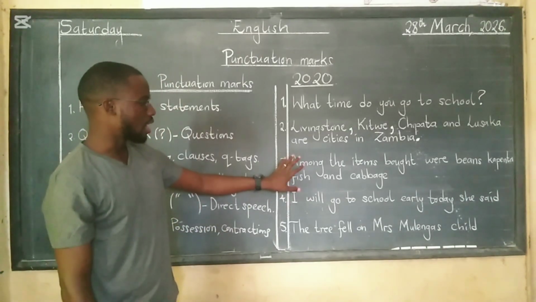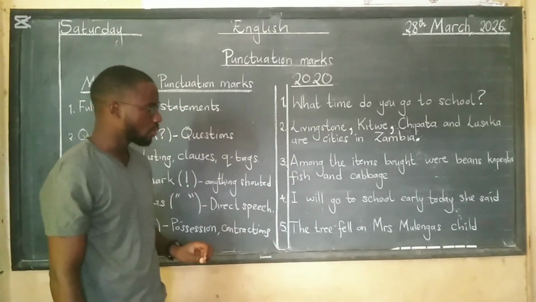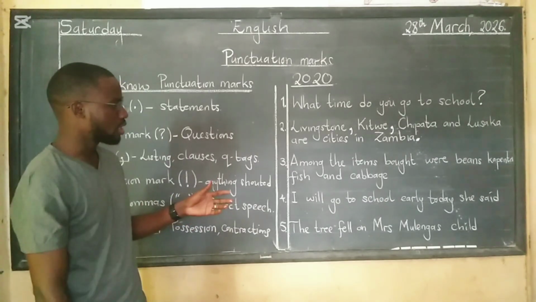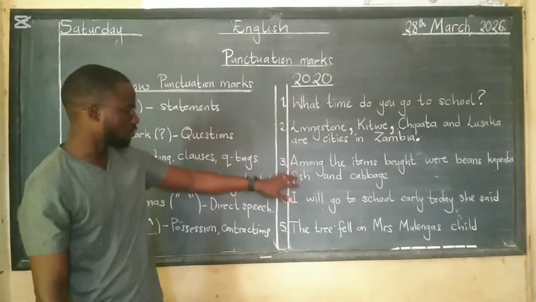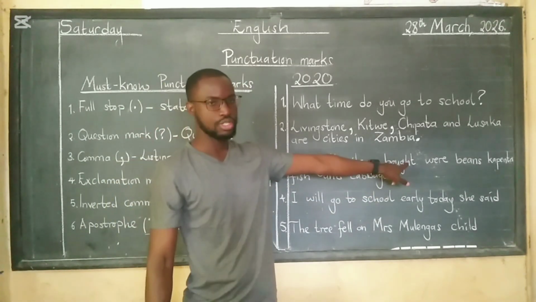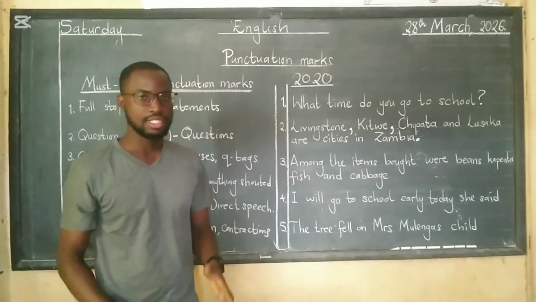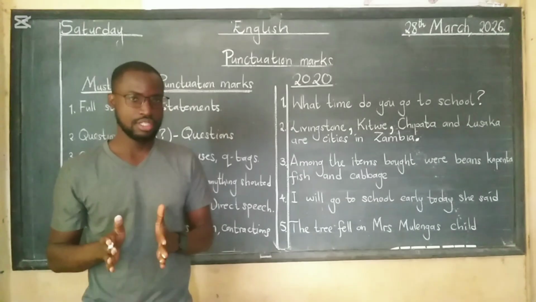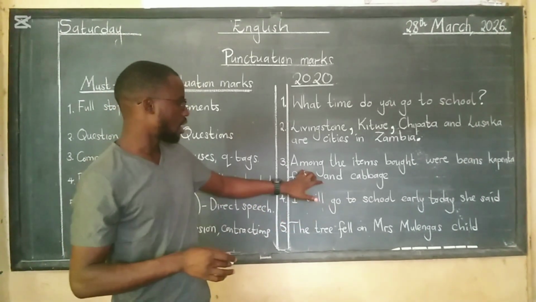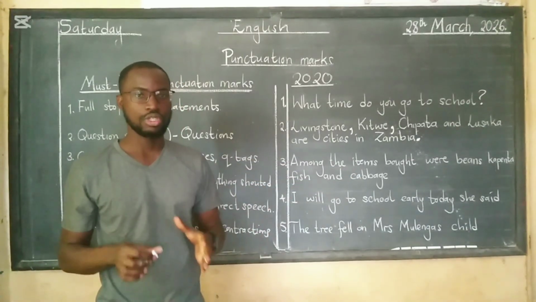Number three, among the items bought were beans, carpenter, fish, and cabbage. So this one has two parts. First of all, there's the clause, the first part. Among the items bought, what is a clause? It's a half sentence that does not make complete sense by itself. So among the items bought is not a complete sentence.